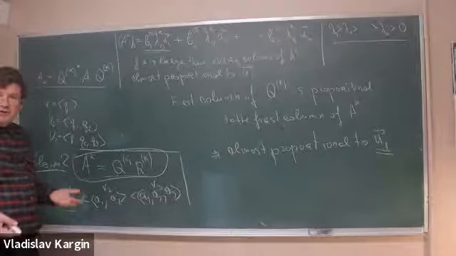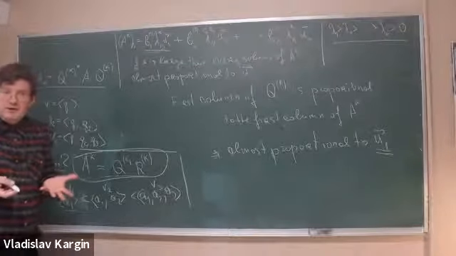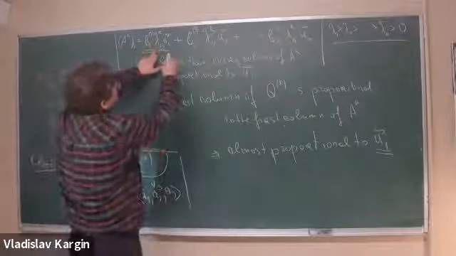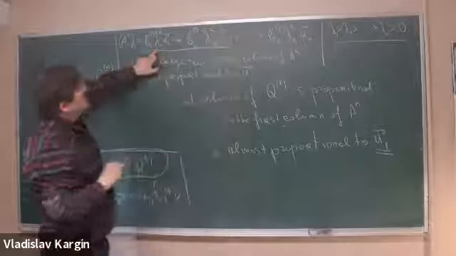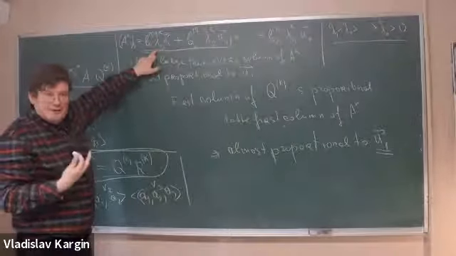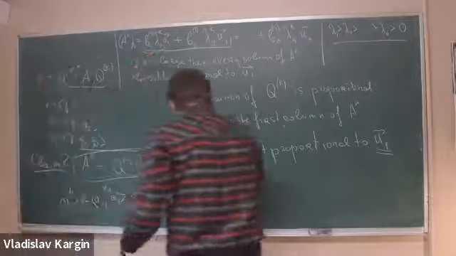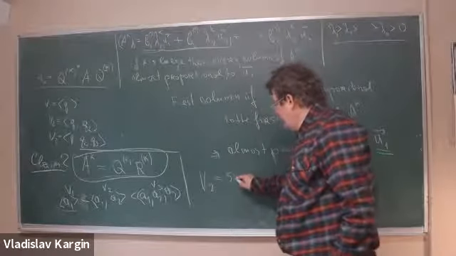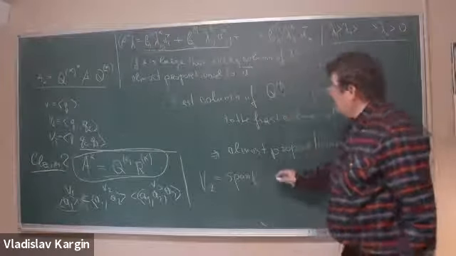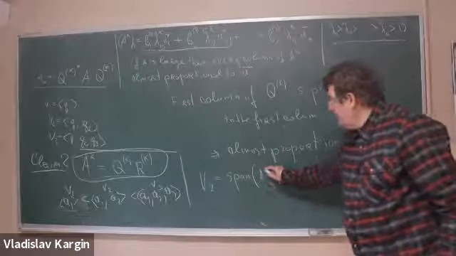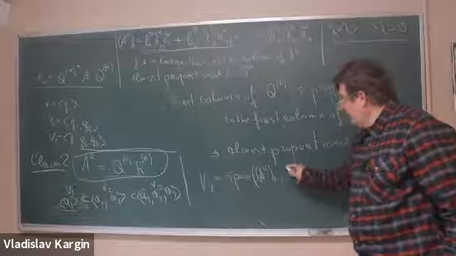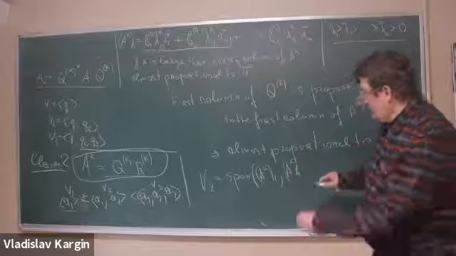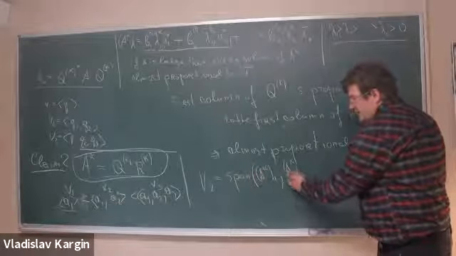I want to look at the second approximation. So you need to look at these two things. V2 is equal to the span of AK1 and AK2, the first column of matrix AK and the second column of the matrix AK.